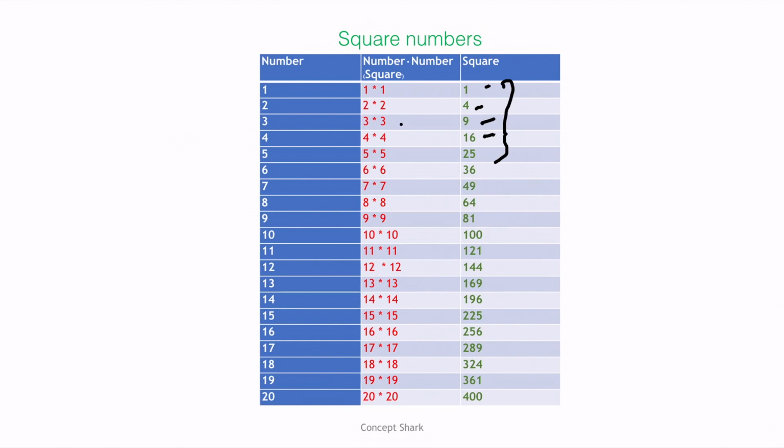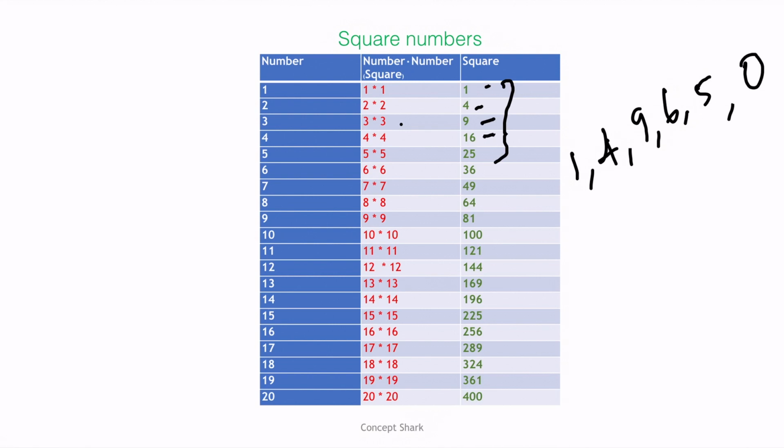So by looking at this pattern, we can conclude that all the square numbers are ending with 1, 4, 9, 6, 5 and 0.